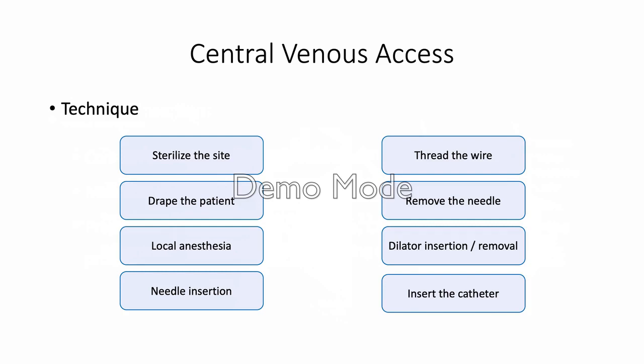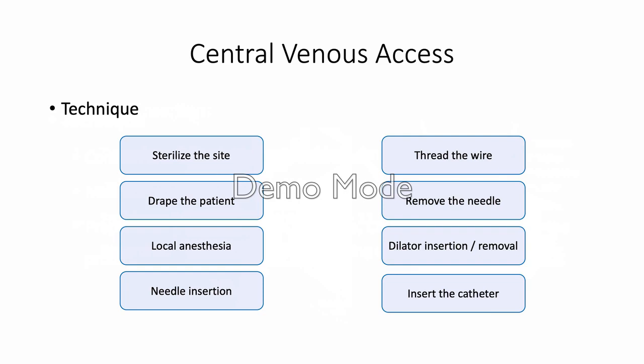Okay, the technique. These are the major steps that you need to know, starting from sterilizing the site of insertion, followed by draping the patient fully, and then you freeze the skin with a local anesthetic, and then you will insert your needle.